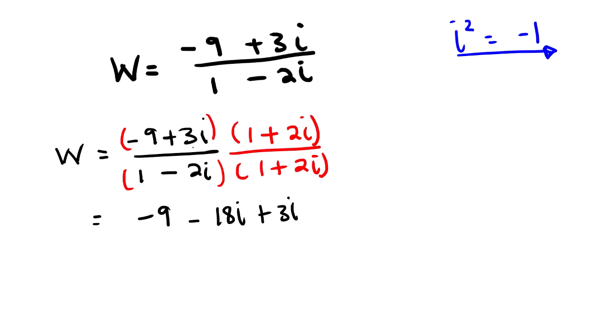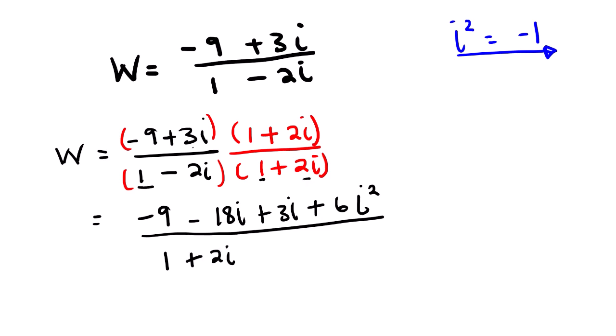So let's say 3 multiplied by 2, we have 6. i multiplied by i, let me actually take it step by step. I have i squared here. All over 1 and 1, we have 1. 1 and positive 2i, we have 2i. Negative 2i and 1, negative 2i. Negative 2i and positive 2i, we have negative 4i squared.